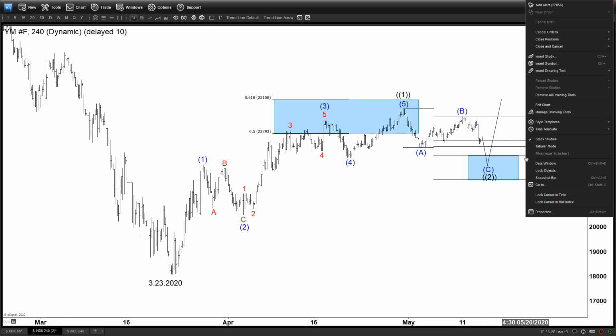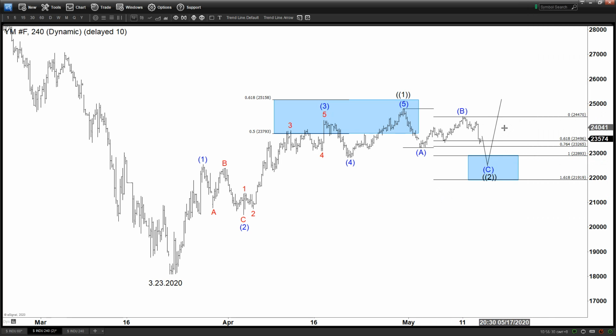Okay, so of course it can do a double correction. It can bounce from here and then do another 3 waves down to do a double zigzag, for example, which is possible. Okay, and at this point though, we do still need to wait to see what the reaction is going to be from this blue box.